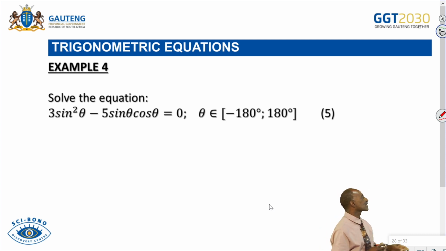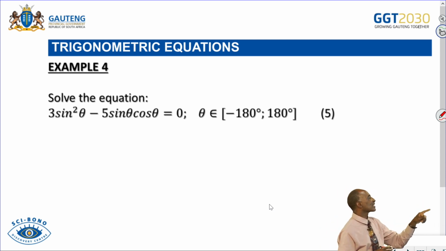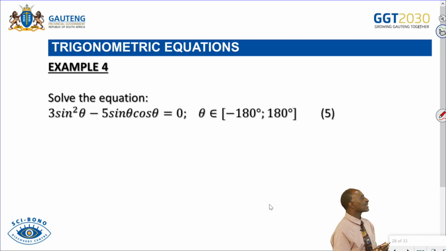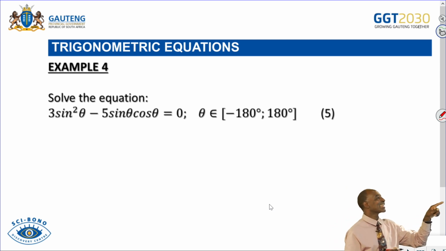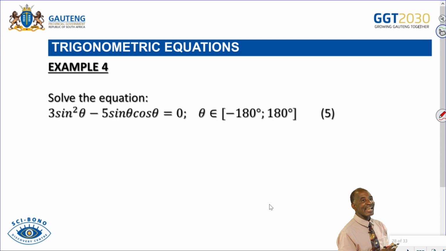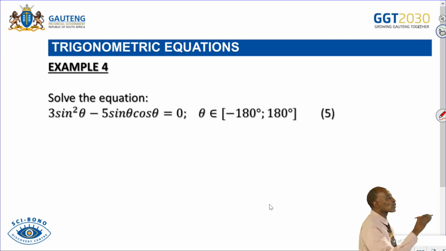The question says, solve the equation 3 sine squared theta minus 5 sine theta cos theta equals 0, in the interval theta is an element of negative 180 degrees to 180 degrees. This one is not a general solution. It is a particular solution.